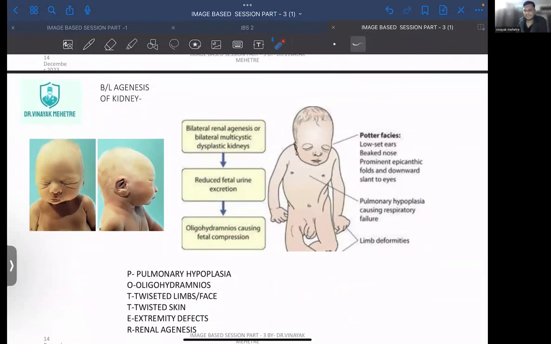Bilateral agenesis of kidney question comes. Bilateral agenesis of kidney is seen in which diseases? One from gynec, anyone? Oligohydramnios will have bilateral agenesis of kidney, and the second one is Potter's syndrome.